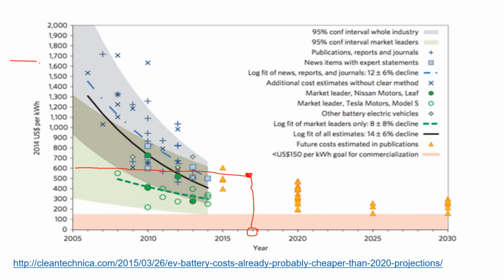Now this is a cost curve of production. And so what that implies, at the bare minimum, is that LG Chem is already at below a $600 a kilowatt-hour cost for their batteries. And if they're operating at a decent margin, they might be at $400 or less. Now, Tesla claims that their hard costs of their lithium-ion batteries are around $140.